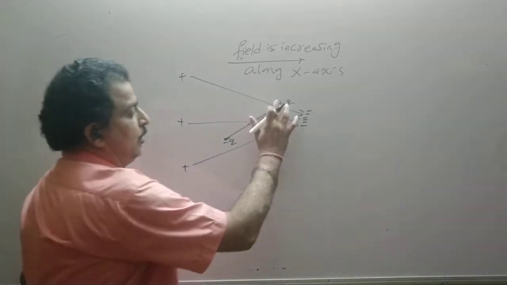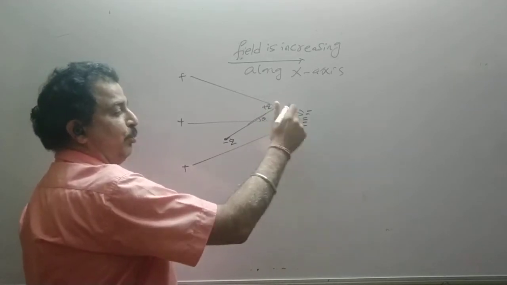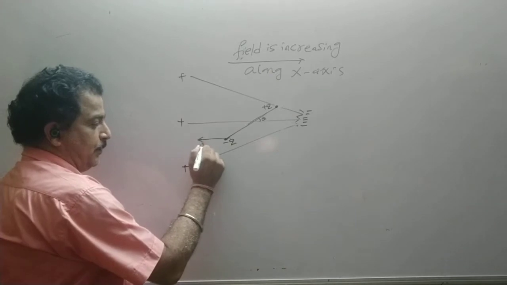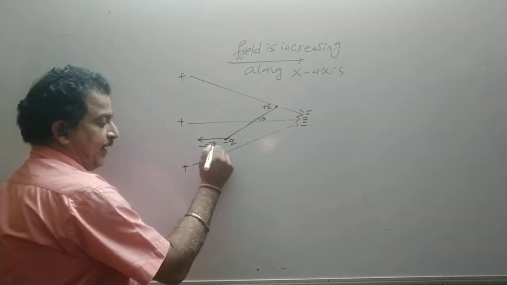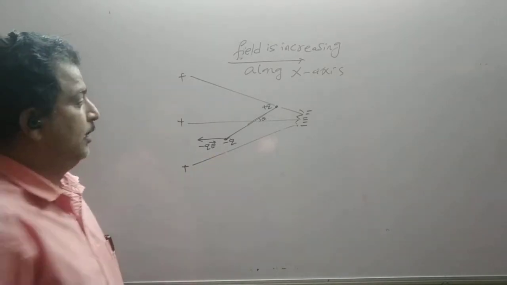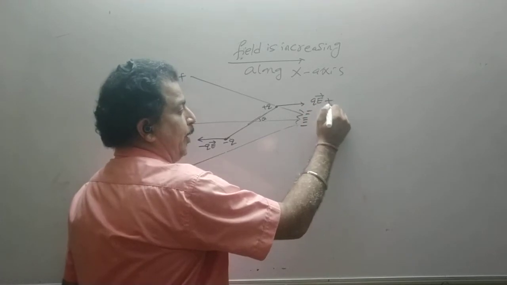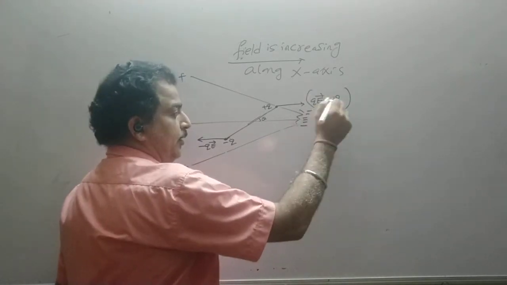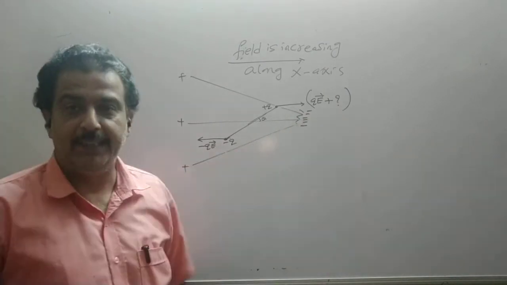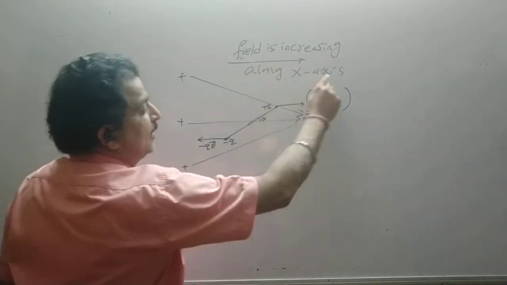Plus q charge is in the region where the intensity is more, the lines are closer. Here the force acting minus QE vector. So if I say the 5 Newton force acts on it, here the force acting will be QE plus something. This something we will try to find out in the numerical. Anyhow, because here the field is more, it is increasing along x-axis.